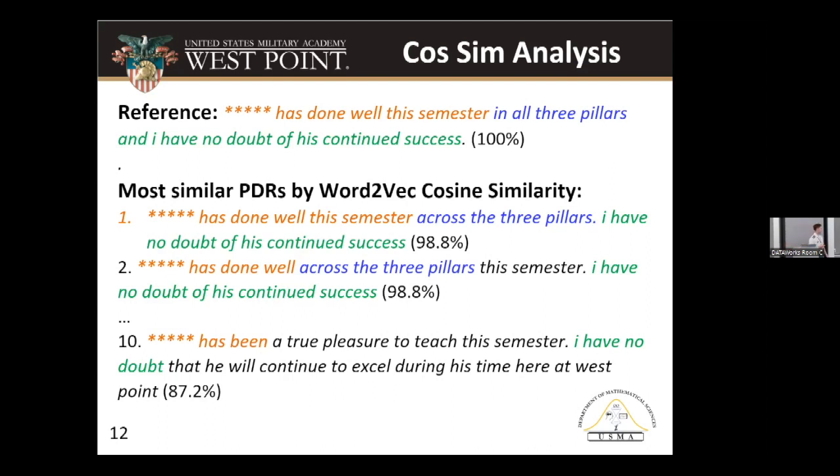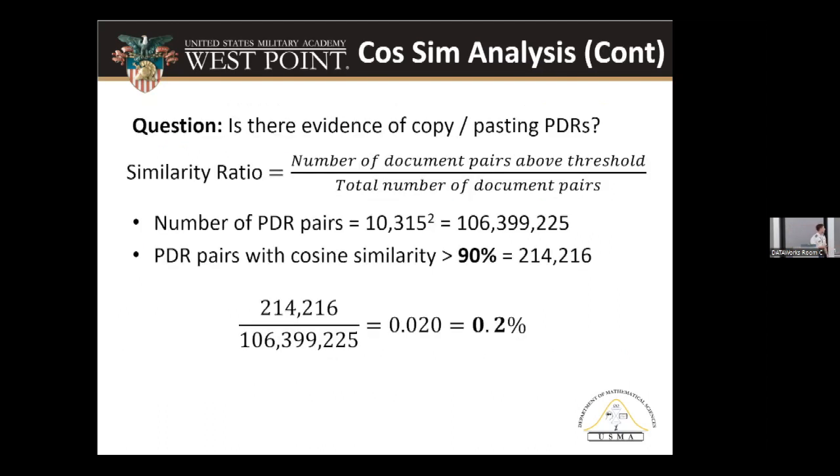A couple words changed here and there. Whereas when we get down to 87% cosine similarity, similar sentiment in the written statement, but not necessarily copy and pasting. And from this, we decided our threshold for what we're going to consider copy and pasting to be about 90%, which is generous.